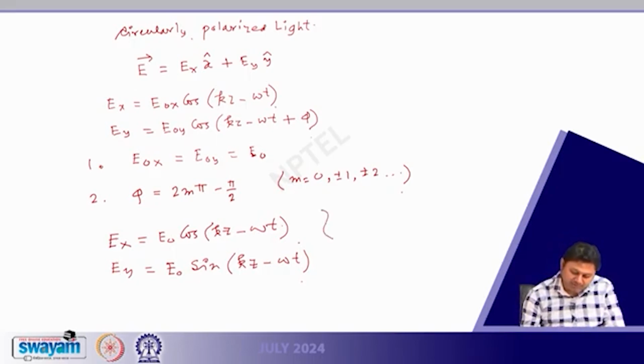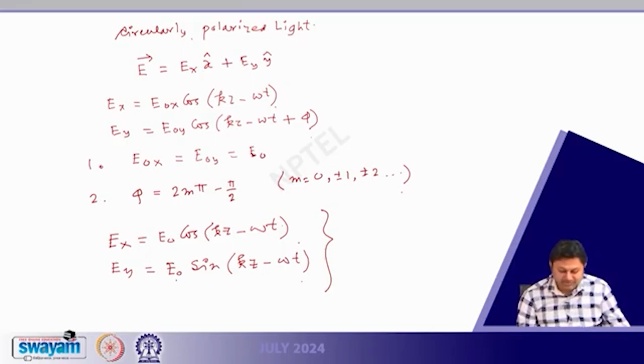Now, instead of cos it becomes sine, and also E0x and E0y, they are same, that is the condition we put.